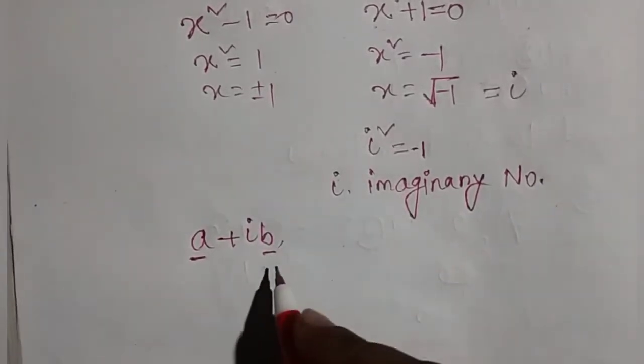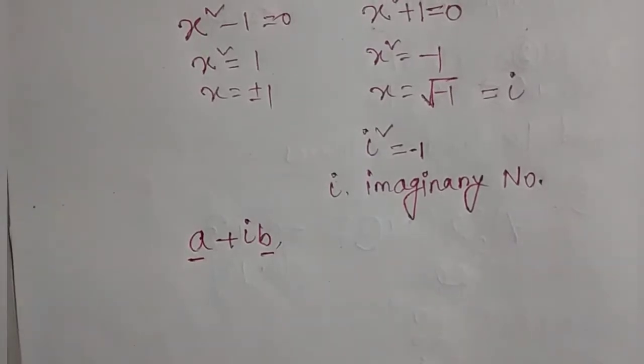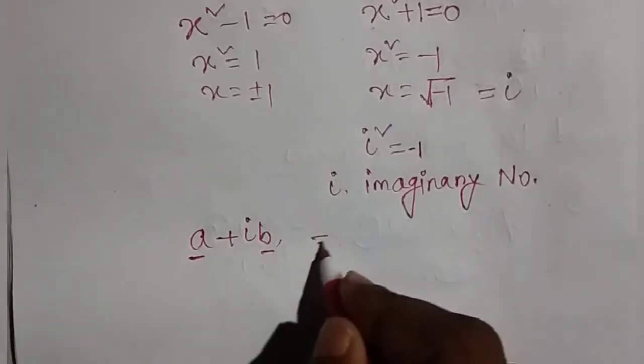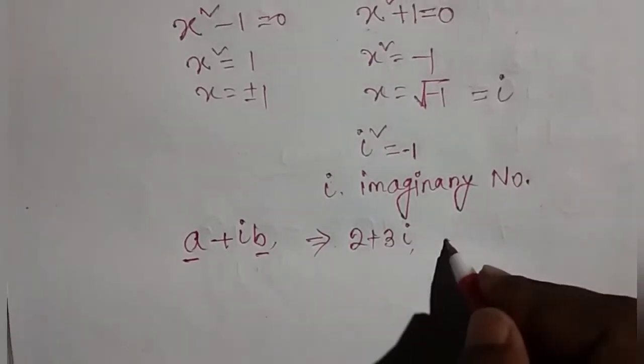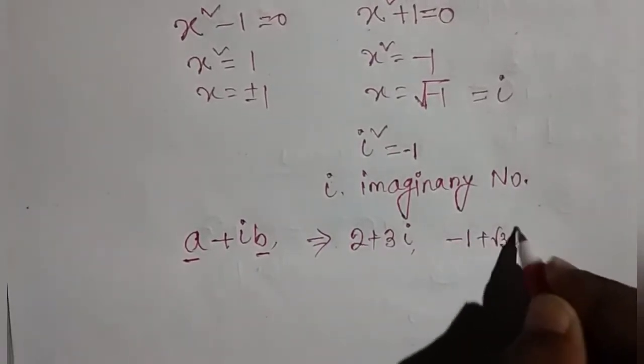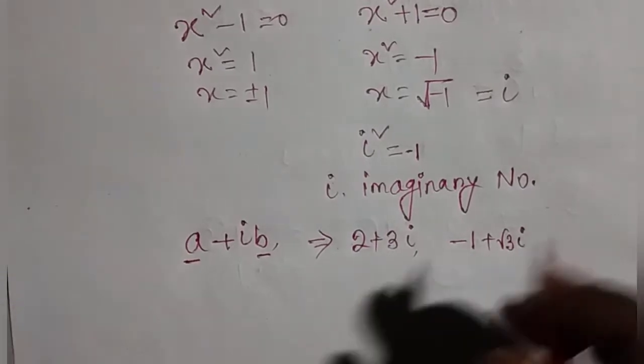A number of the form a plus ib, where a is a real number and b is a real number, is defined to be a complex number. For example, 2 plus 3i is a complex number, minus 1 plus root 3 i is also a complex number.